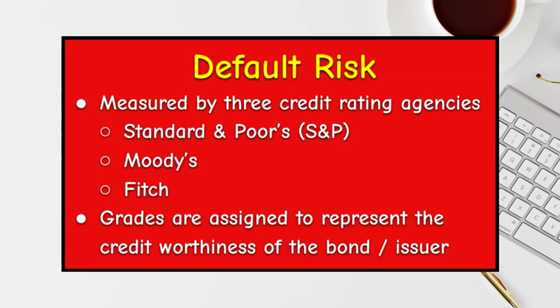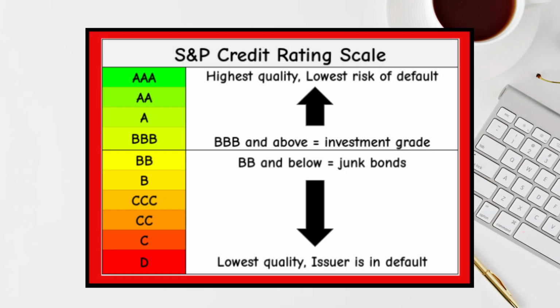The default risk of a debt investment is generally measured by 3 credit rating agencies: Standard & Poor's, or S&P, Moody's, and Fitch. Each of these credit rating agencies has a grading system for debt investments. For this class, I'm going to use the S&P grading system.